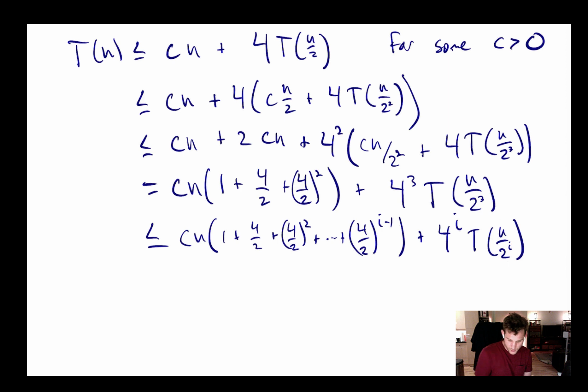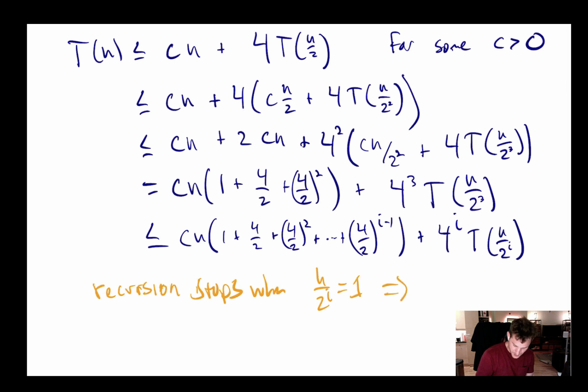So the recursion stops when n over 2 to the i is 1, which implies that i has to equal log base 2 of n. That's when we get to the end of this recurrence.